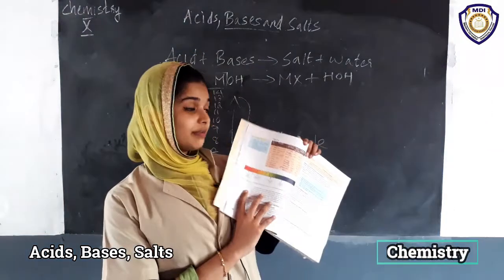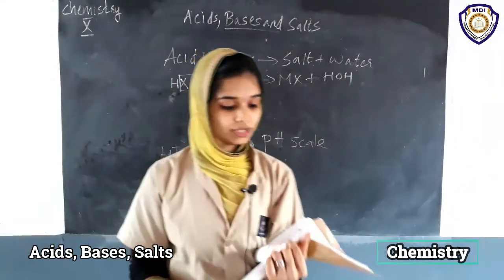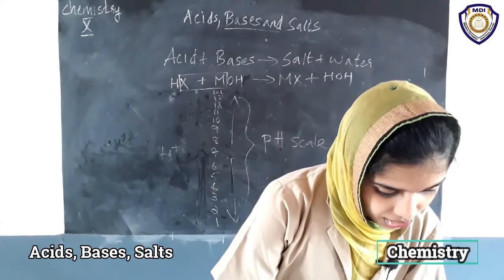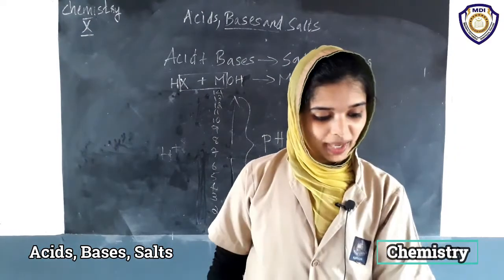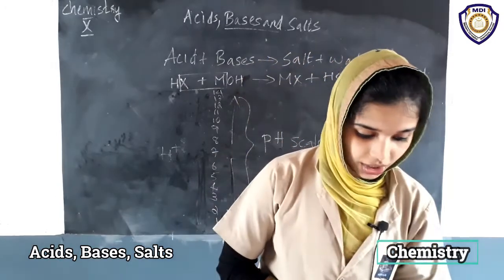Here is a table given in your textbook, table 2.2, on page number 26. There are some solutions given. Test the pH values of the solutions given in table 2.2. Which are the solutions?